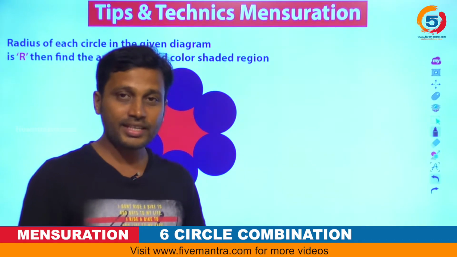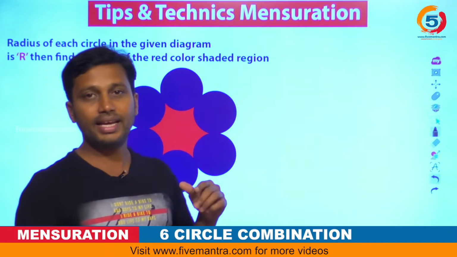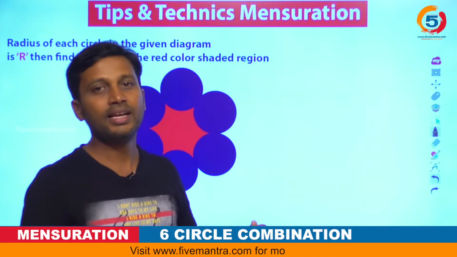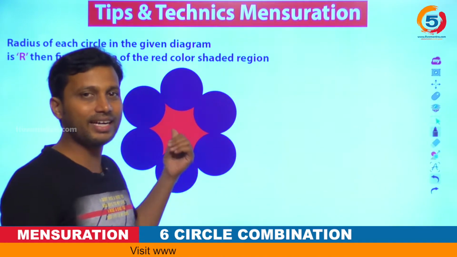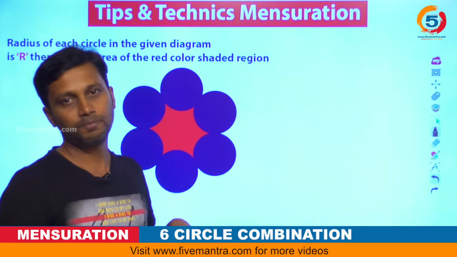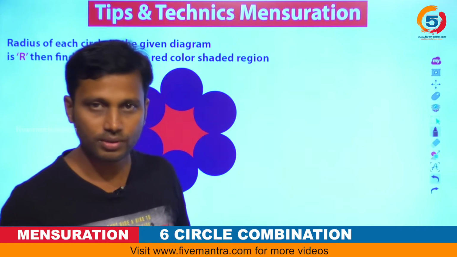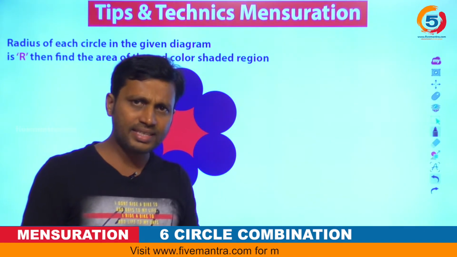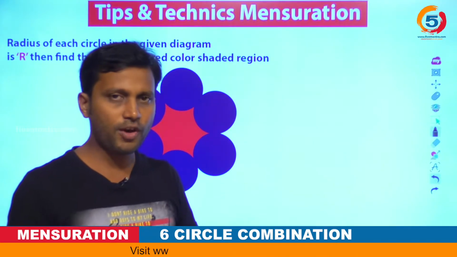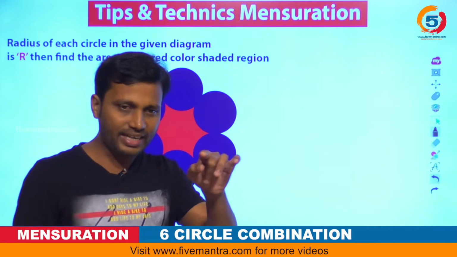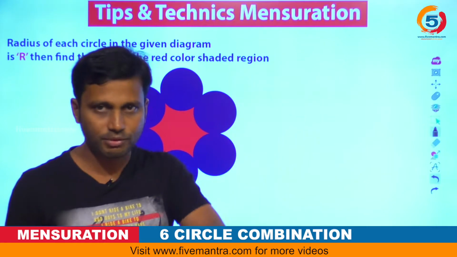In this case, again we need to find the area in between the circles, according to the diagram, the red colored shaded region. So what we have to do? Again, same analysis as before. First of all, select the centers of the circles and join them together.